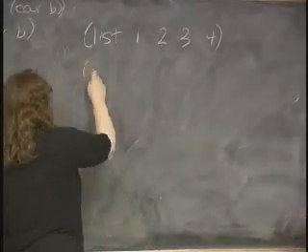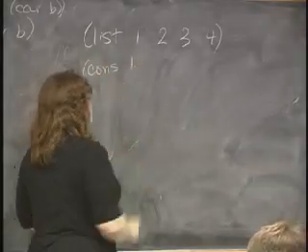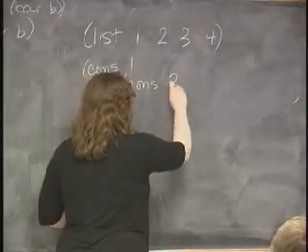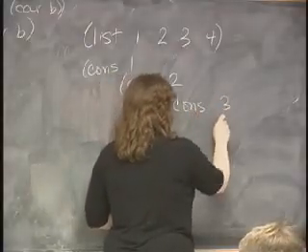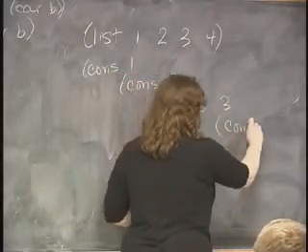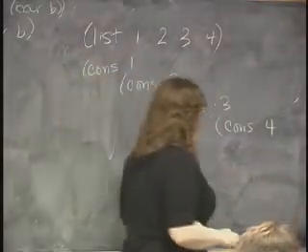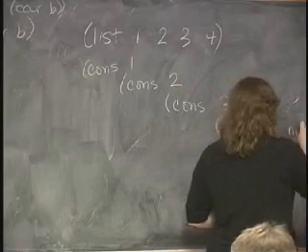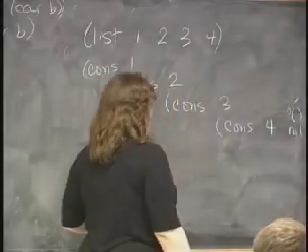List desugars into cons of the first element to cons of the second element to cons of the third, cons of the fourth, which would continue to go on. When we run out of elements, the last thing that is consed on is a nil, which is also sometimes represented as quote, open, close paren.